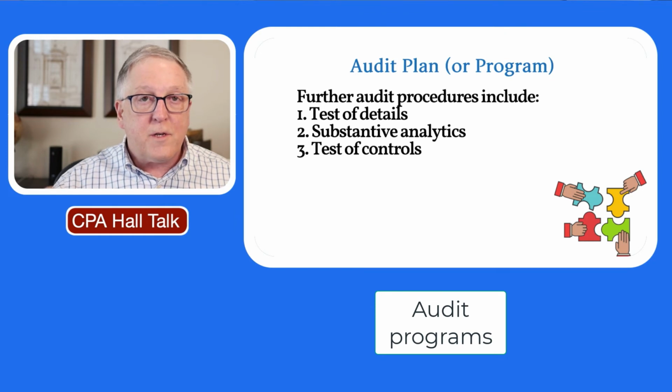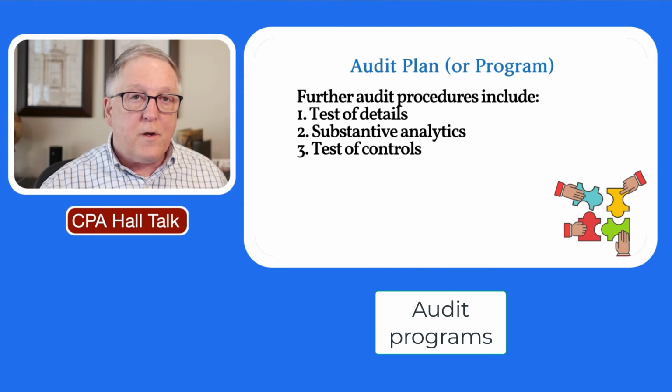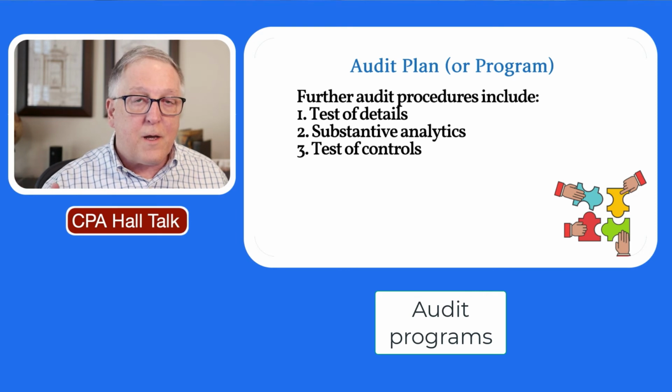Now, you're going to see in the next 3 videos that there's really only 3 ways to respond to risk in an audit. 1, test the details. 2, substantive analytics. And 3, test of controls. So we're going to use 1 or 2 or even 3 of these in each transaction cycle, account balance, disclosures.